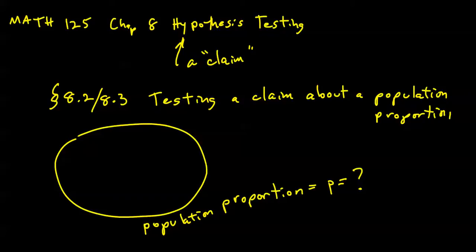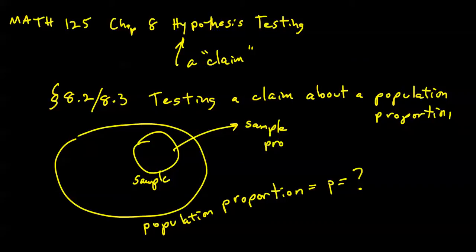And as we know, populations tend to run huge, so little p in fact is unknown and indeed unknowable. What we will do is again take a sample, and from a sample we can compute a sample proportion with that same characteristic of interest, and the notation for sample proportion is p hat. Typically this symbol is called p hat in the realm of statistics. P with a little caret on top. P hat is sample proportion, okay?